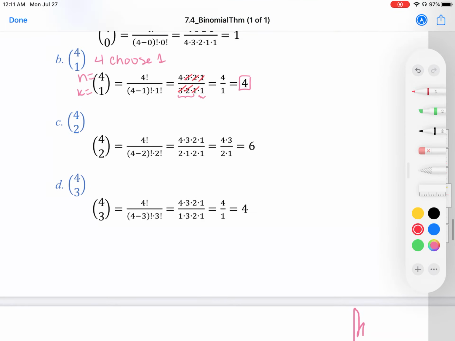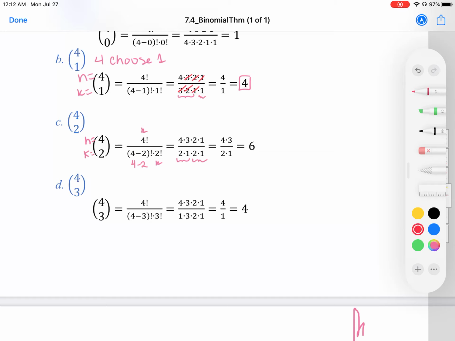Example C. Your n is 4, and your k is 2. So above we have 4 factorial. On the bottom we have 4 minus 2, and then our k. So 4 factorial in the numerator is 4 times 3 times 2 times 1. 4 minus 2 is 2, so we have 2 times 1, and 2 factorial is 2 times 1.